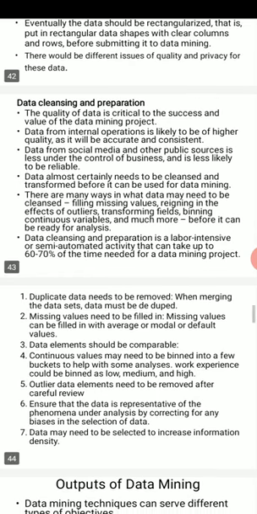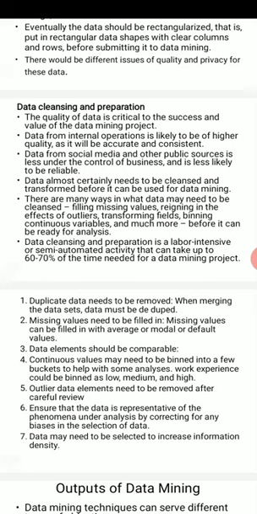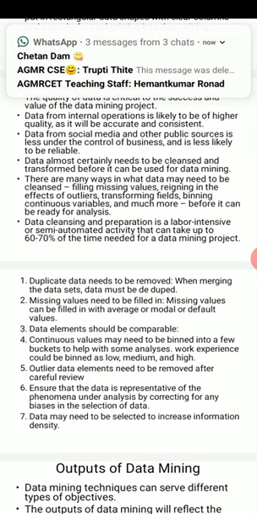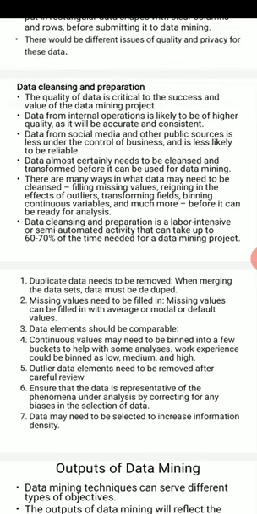If there are any missing values, they need to be filled in with the average, mode or default values. So if some value is missing in some column or somewhere, that particular missing data can be filled with some average value, a mode or a default value.